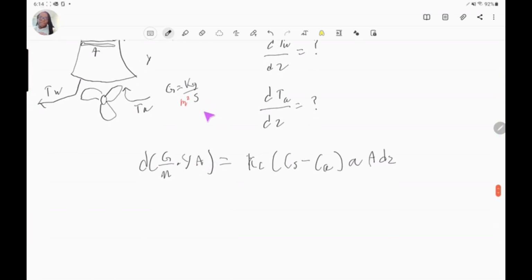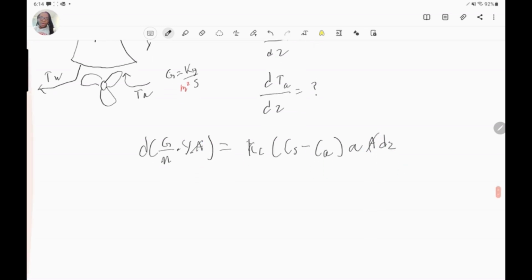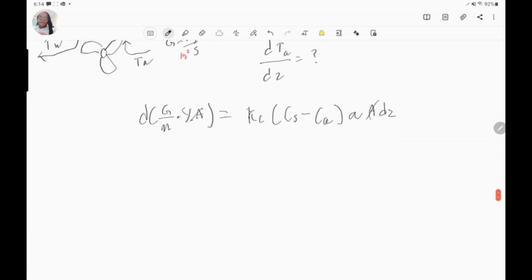Effectively, the cross-sectional area here will cancel out. So this will go away and then this will go away units-wise. So that won't be a problem. In this equation, these two will go away because they'll cancel out.